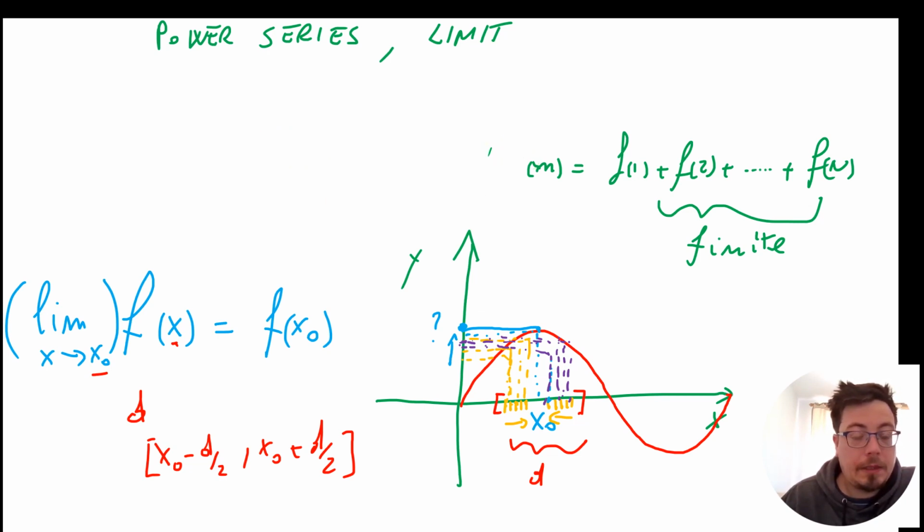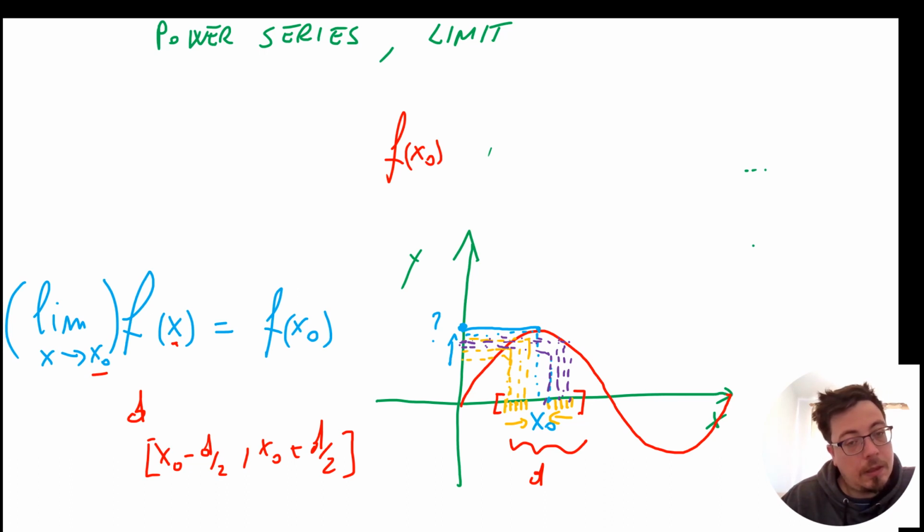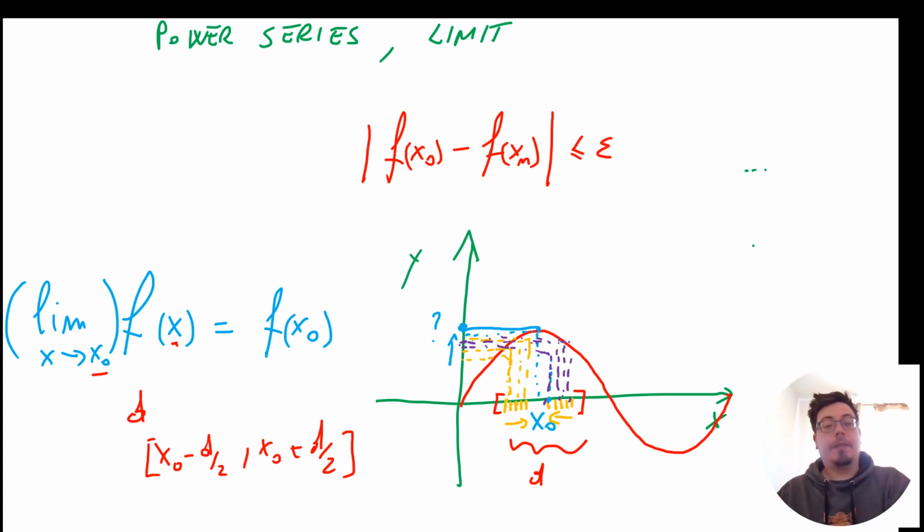If the limit exists, which may not be the case because this condition may not be satisfied, you want the distance, the absolute value of f of x0 minus f of x, let's call them n, positive or negative, it doesn't matter, to be less than or equal to epsilon. Epsilon is a small value.